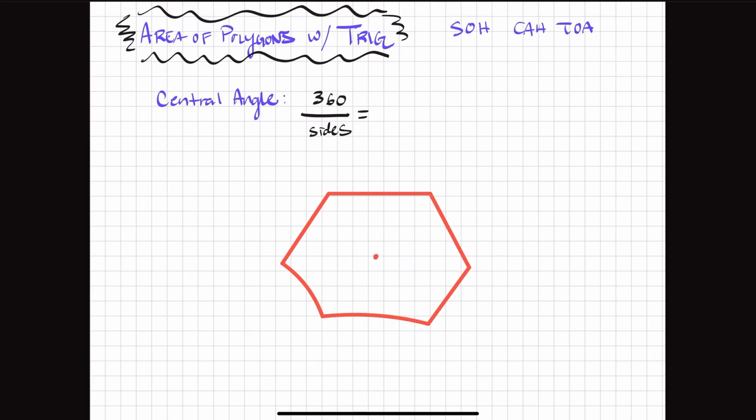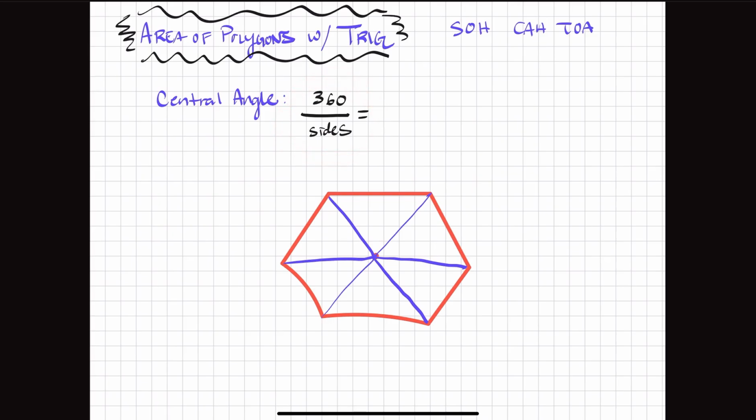I'll have the central point right there. Remember, we did draw triangles when we were finding areas, from the center to each vertex before. And so 1, 2, 3, 4, 5, 6, right, also matches the sides of the hexagon. And so you're taking 360 divided by 6.